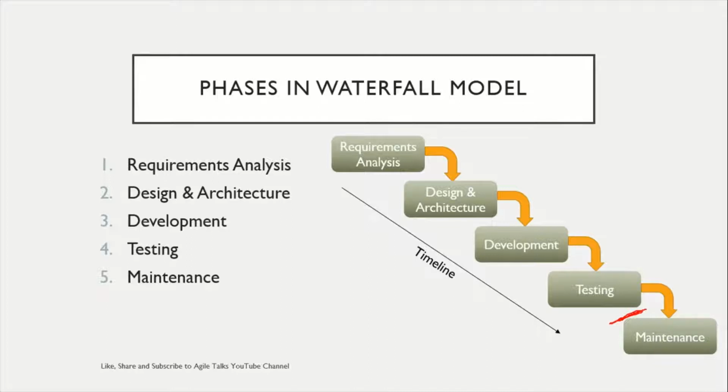If you look at the timeline, as I said, it flows in this fashion. Let's say the requirement analysis happens in January, then the design and architecture somewhere in March, the development happens during June or July, the testing happens in September, and the delivery is in December.